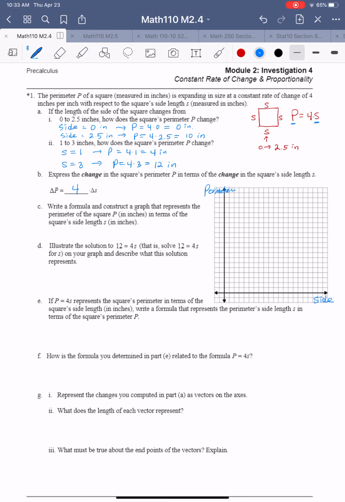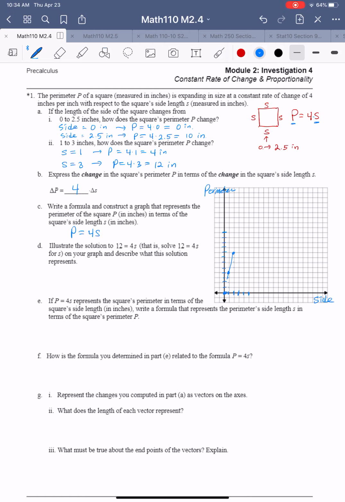The formula is: perimeter is always 4 times S. With a side of 0, of course, the perimeter is 0; a side of 1 gives 4; a side of 2 gives 8.